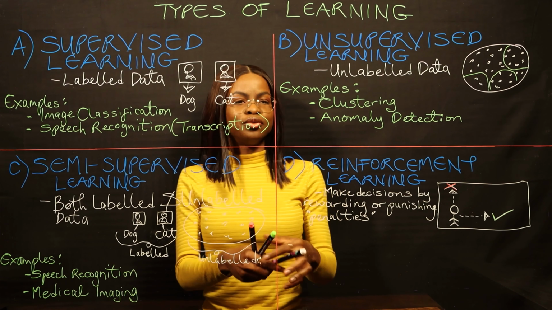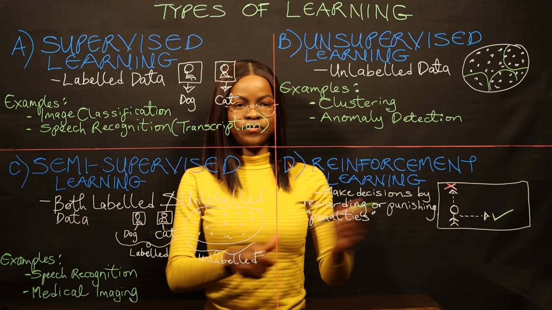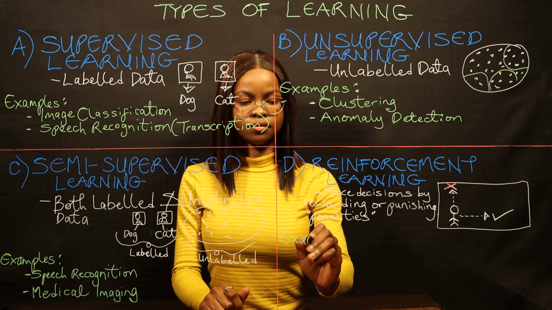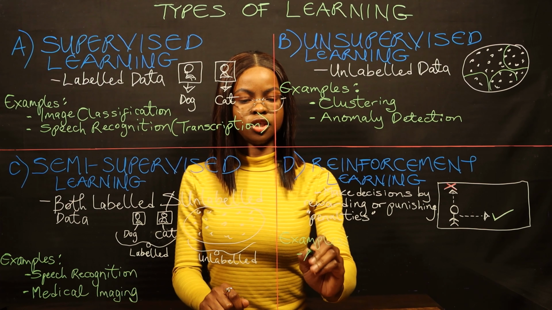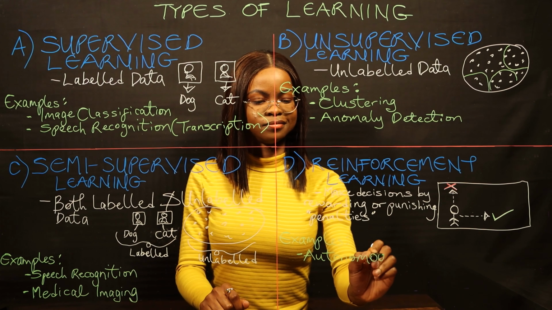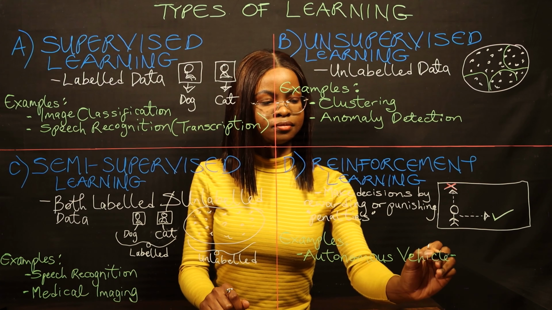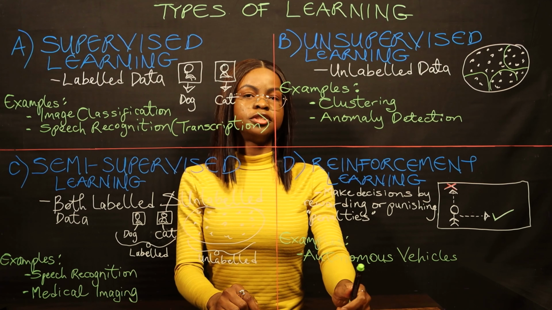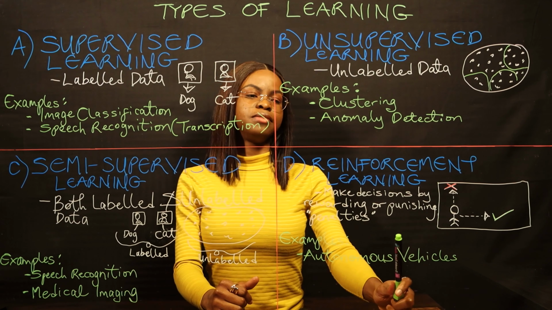What are the examples of reinforcement learning? First is autonomous vehicles. This is how autonomous vehicles are trained based on reinforcement learning.